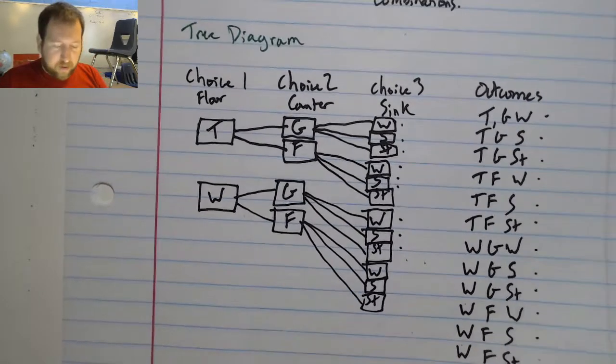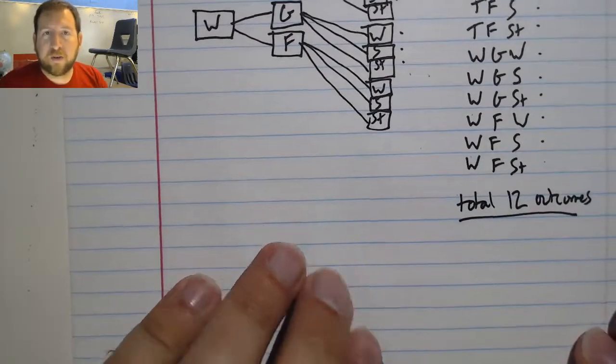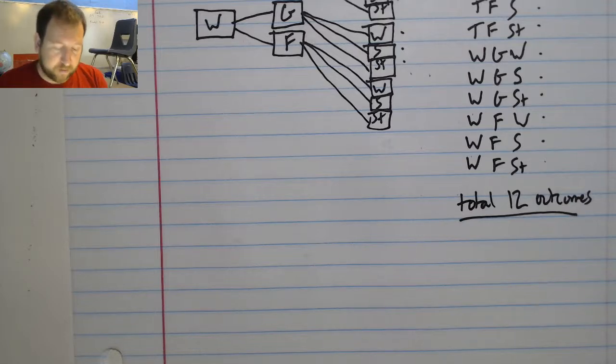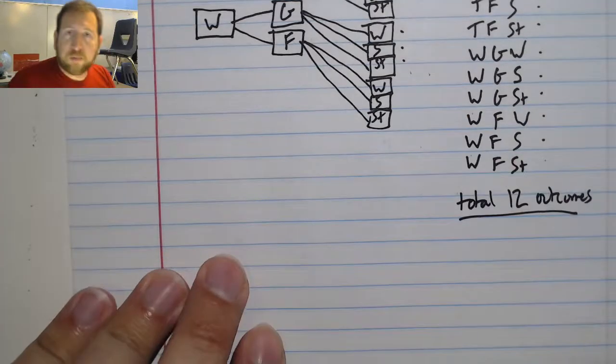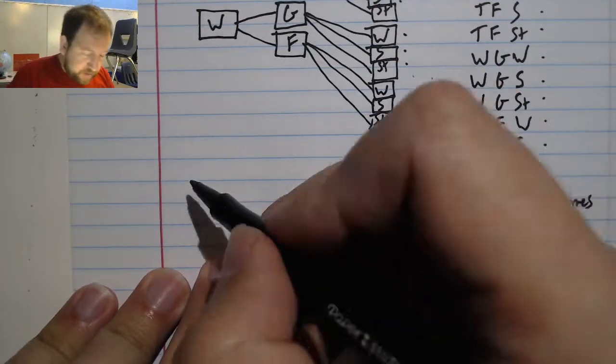Now that's a really long and complicated way to do that if I'm just trying to find my total outcomes. So there's a much easier way for me to do this. And all I need to do to find my simpler way is I just multiply each set of choices together.